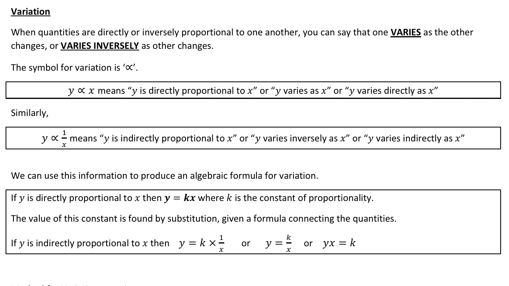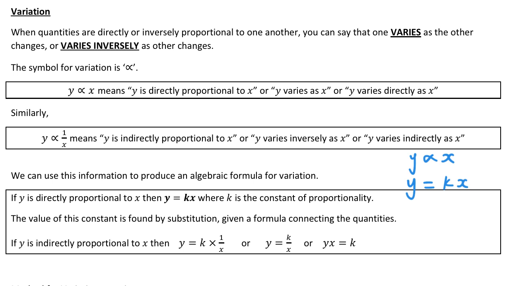If y is directly proportional to x, then y equals kx. Our step there is to say if y is proportional to x, then y must equal kx, where k is some constant. The value of this constant can be found by substitution, given the formula connecting the quantities.